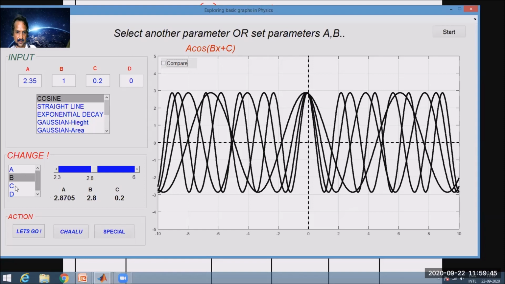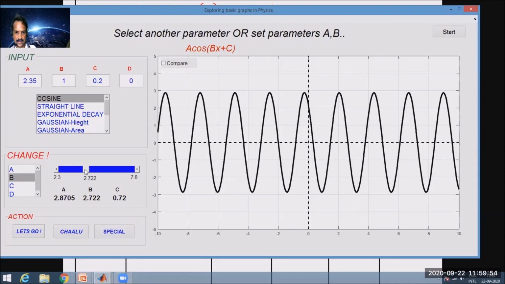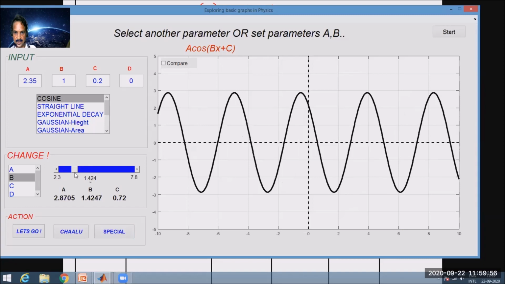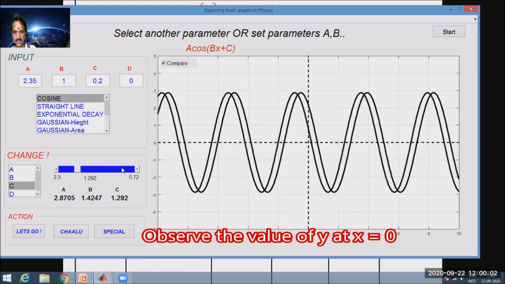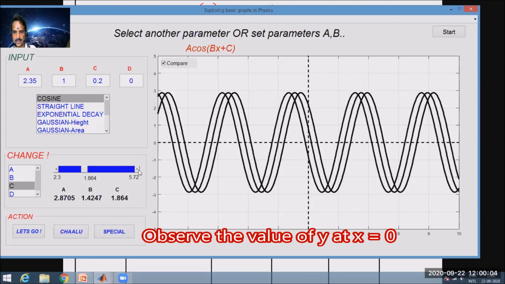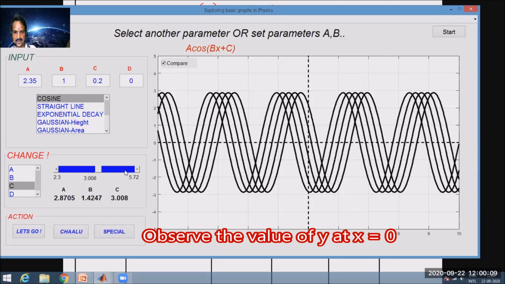So let us look at parameter C. Let us decrease this a little bit to appreciate it better. Let us change C. You can see it is coming here as C is increased.